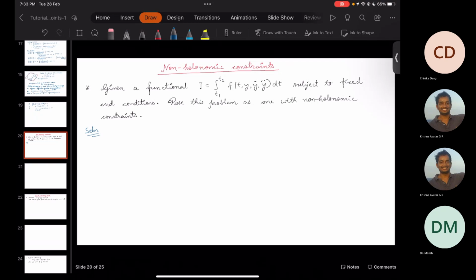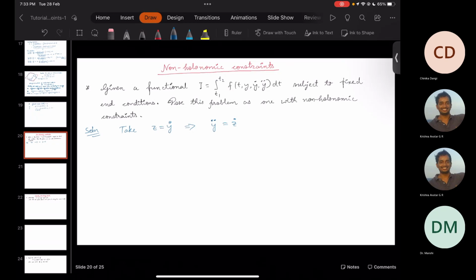let's make a substitution here, and we'll see why we are doing it. Take z is equal to y dot, and this implies that y double dot is nothing but z dot, isn't it?